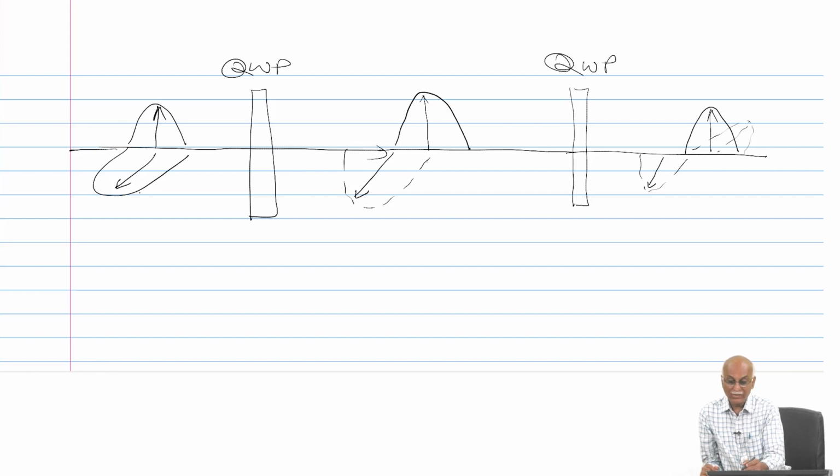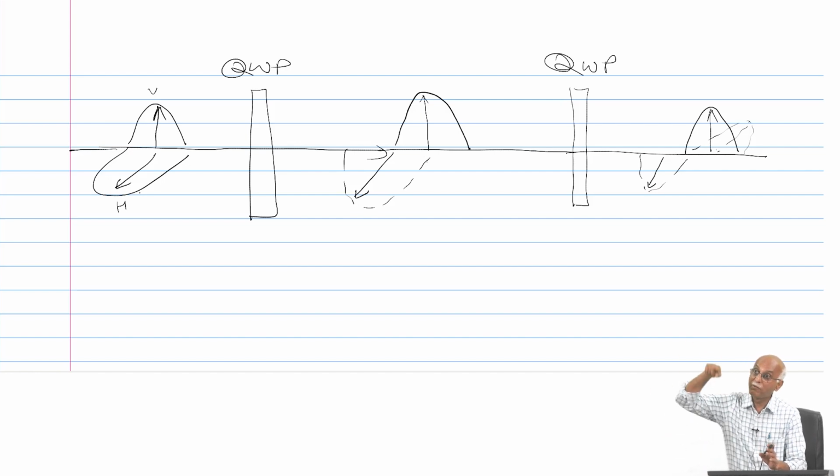With this, the phase has changed, and now if you see the orientation, these two waves, vertical and horizontal, the resultant electrical field vector was in this direction. Now, the resultant is in this direction. So, polarization state has rotated by 180°, is it okay?